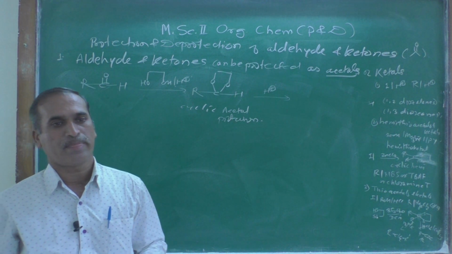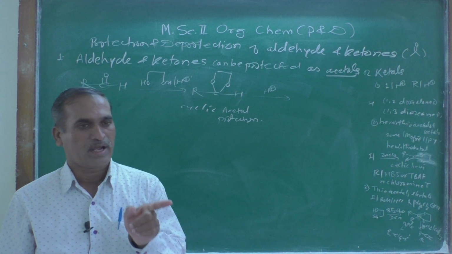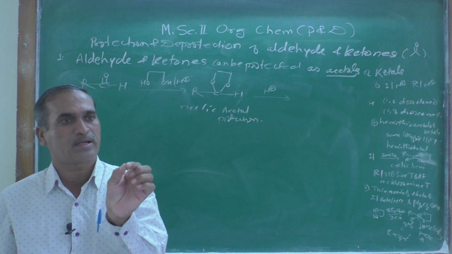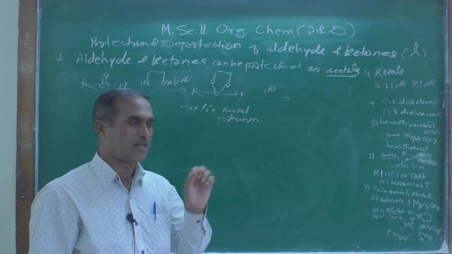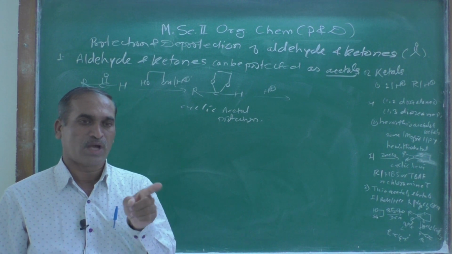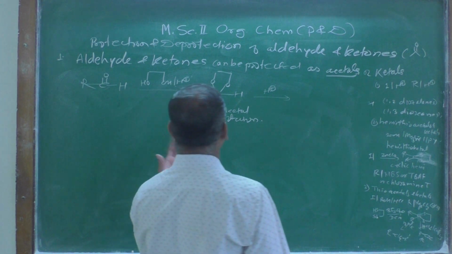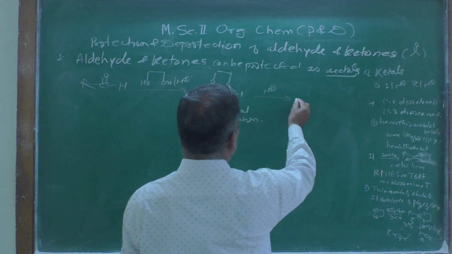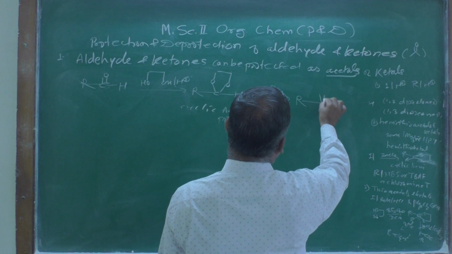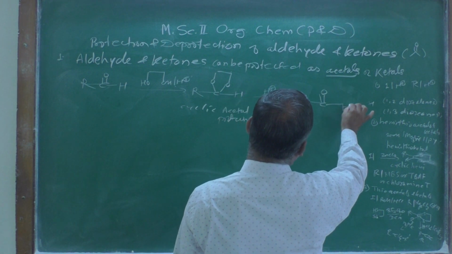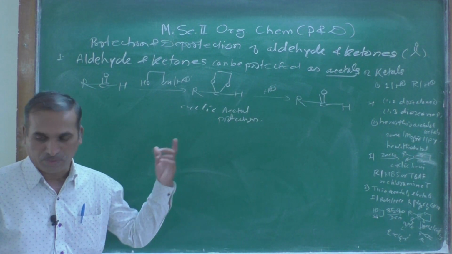So we can carry out the transformation at the other reaction site and we would get the desired product. Now after the deprotection, what are you going to get? You are going to get the aldehyde group as it is, RC double bond O, H. That is a deprotection.